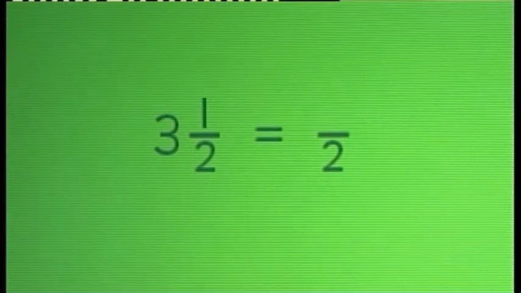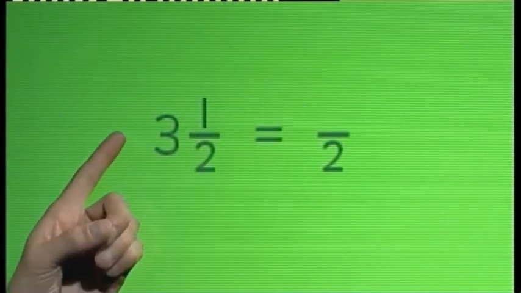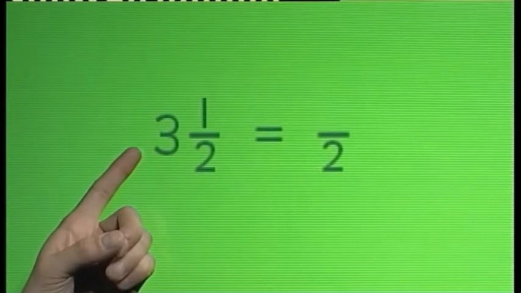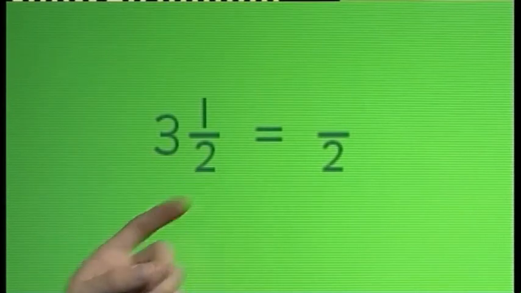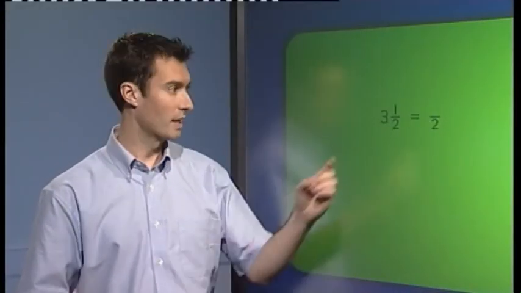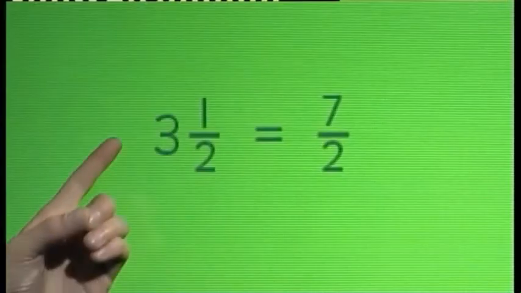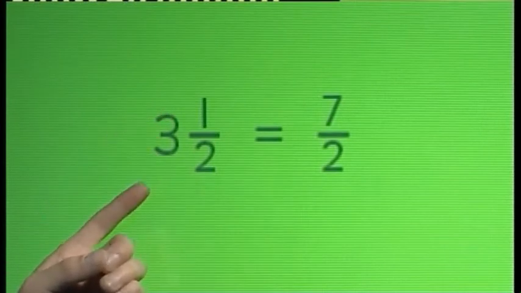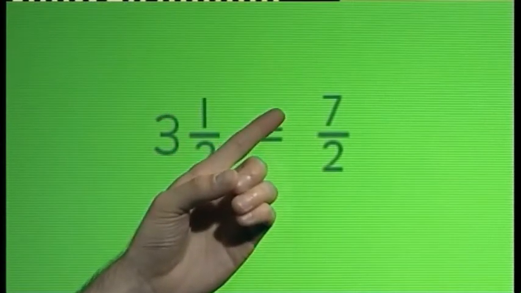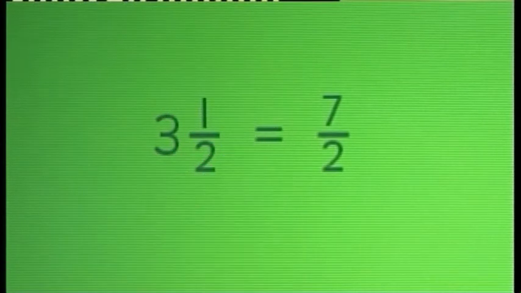Now to work out the top number here, we have to multiply the 3, that's the whole number, by 2. That's 6 halves. And then add this half. That's 7. So 3 and 1/2 equals 7/2. That's 7 halves altogether.